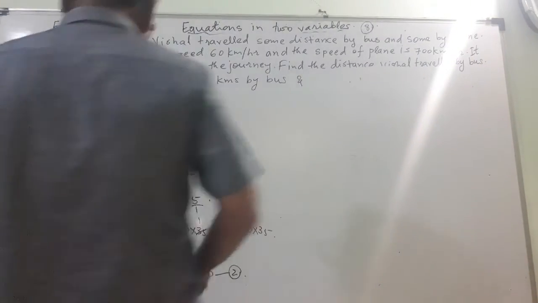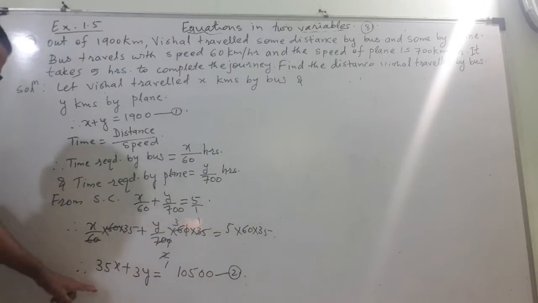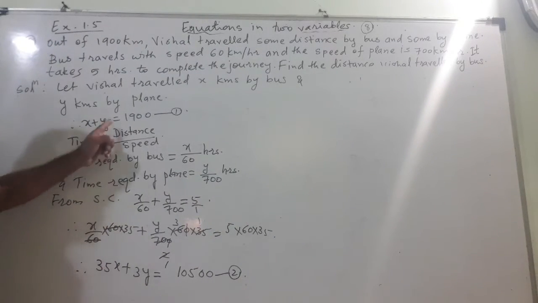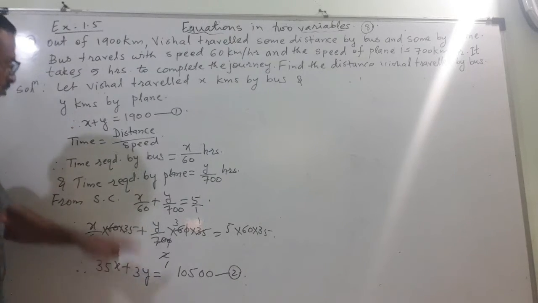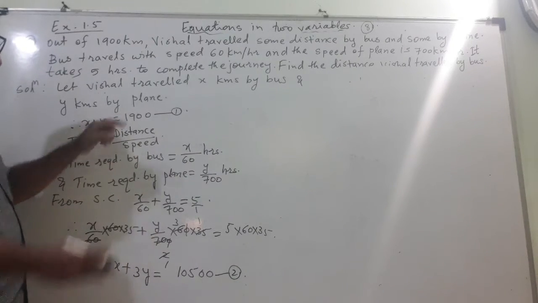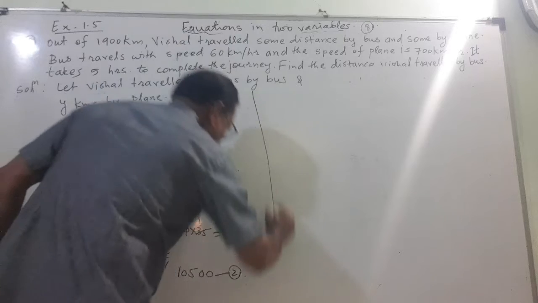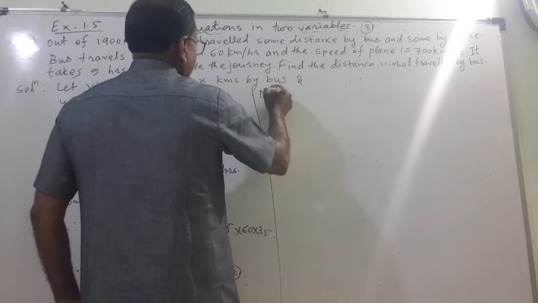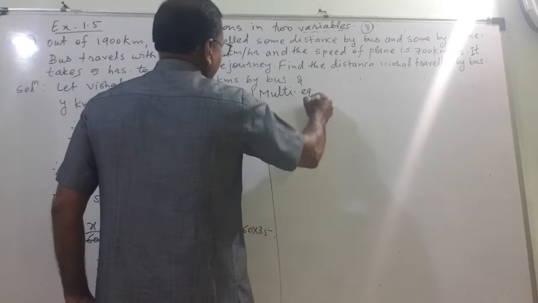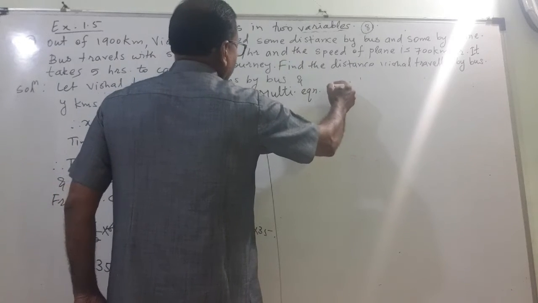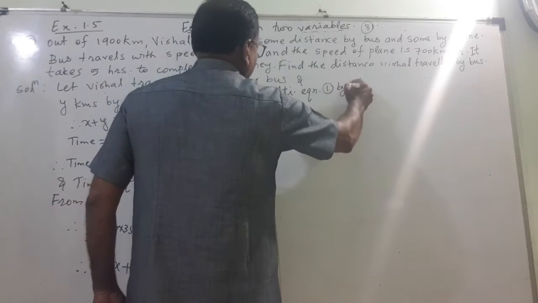Now look at equation number 1 and equation number 2. If I want to eliminate y it will be better. If I want to eliminate x, I have to multiply this equation by 35, and it will be very big. So it is better to multiply equation 1 by 3.